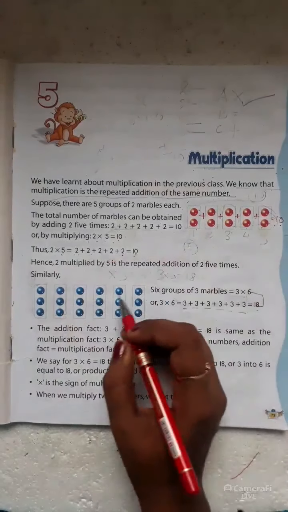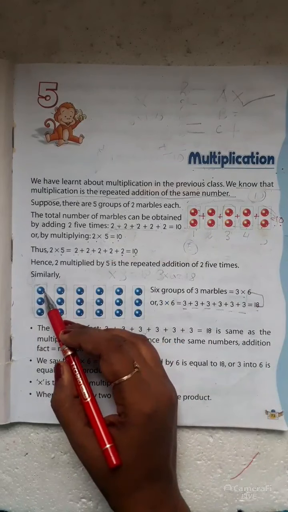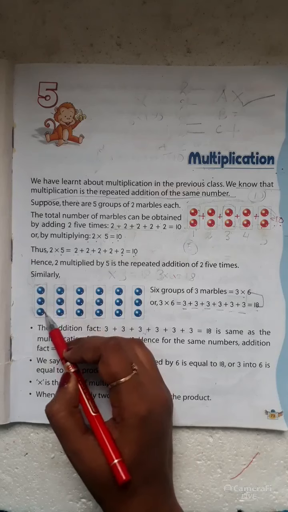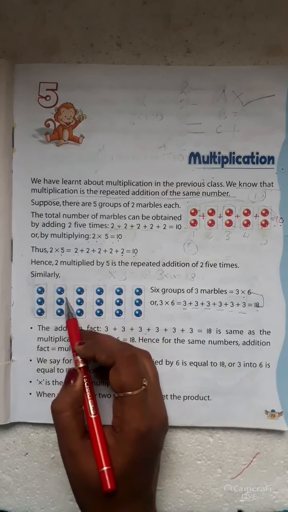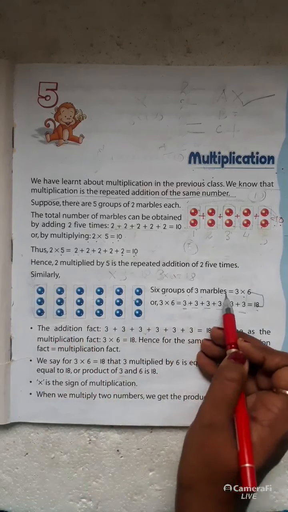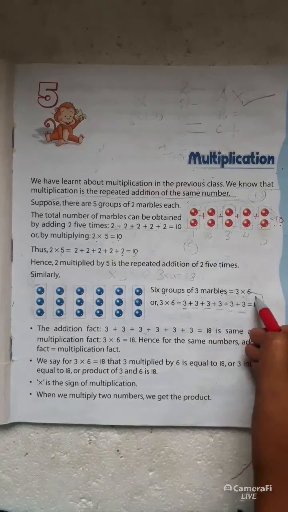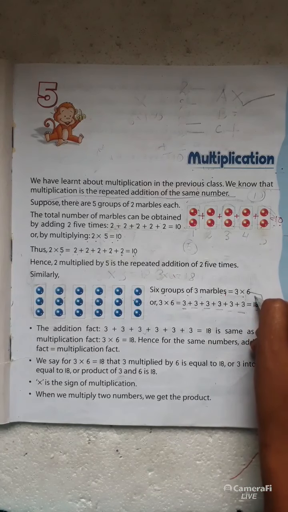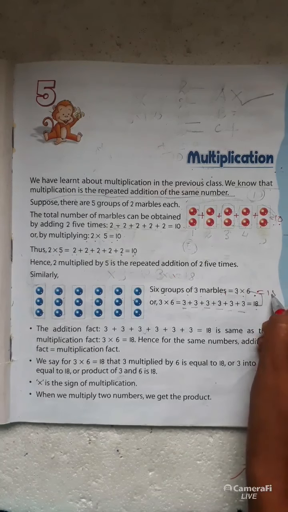Here is another example. As you can see, in each group there are 3 marbles: 1, 2, 3. And how many groups are there? 1, 2, 3, 4, 5 and 6. So 6 groups of 3 marbles. It means 3 into 6. We know it very well. Tell me the table of 3. Yes, very good. 3 into 6 is 18.